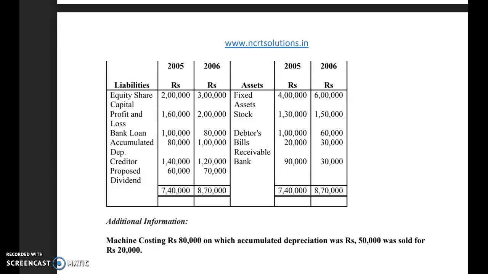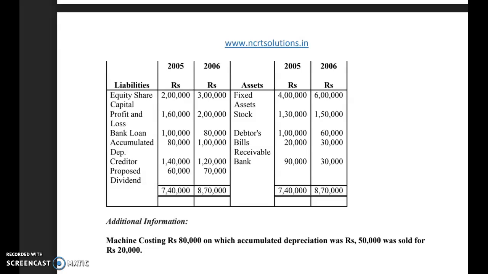Dear students, relating to the provision for income tax, you have been given the amount of provision for income tax for the base year as well as for the current year.